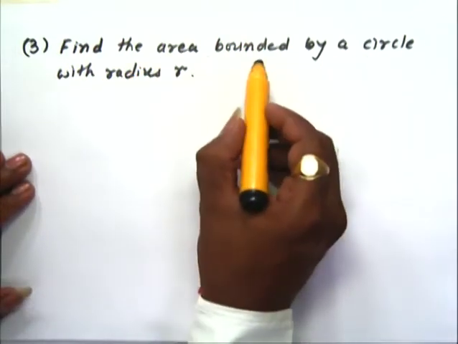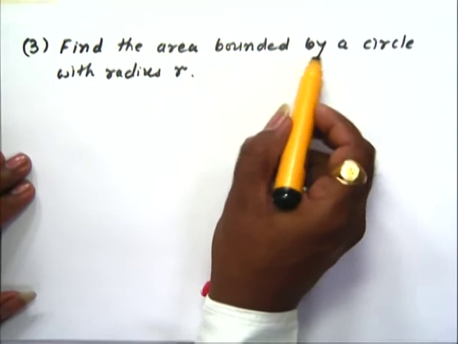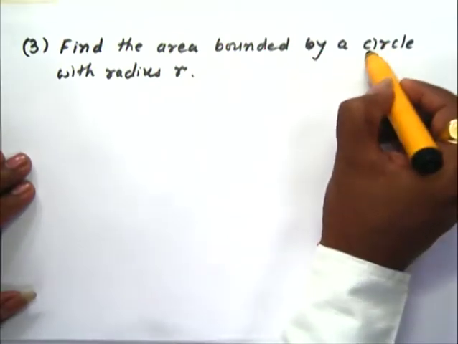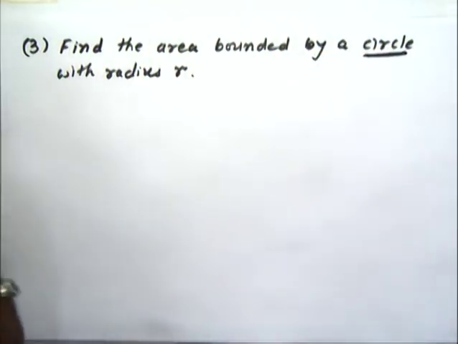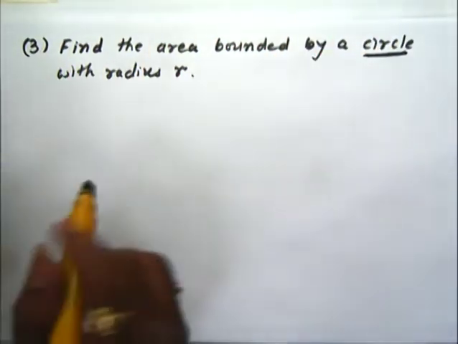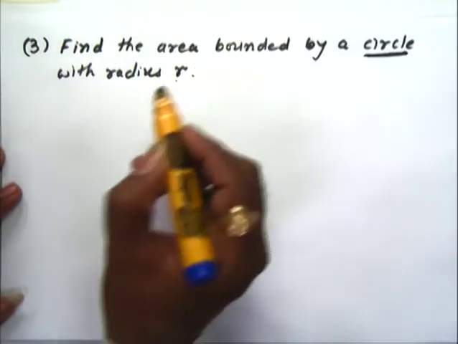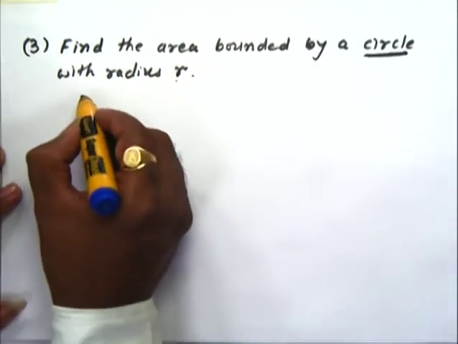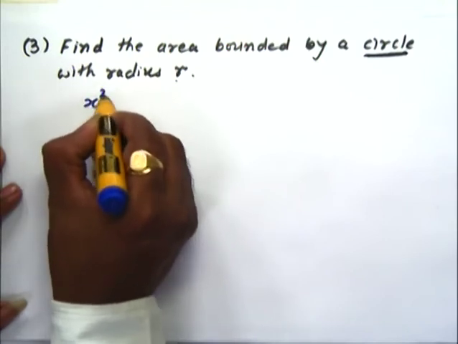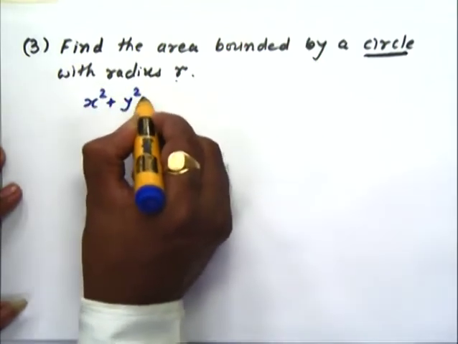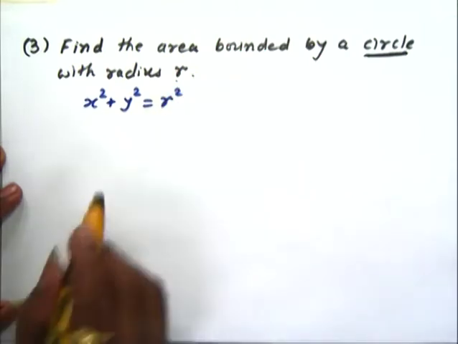See here, the function is not given, but we are given that it is a circle. So we should know the equation of a circle with radius r. We all know that the standard equation of a circle with radius r is x square plus y square equal to r square.